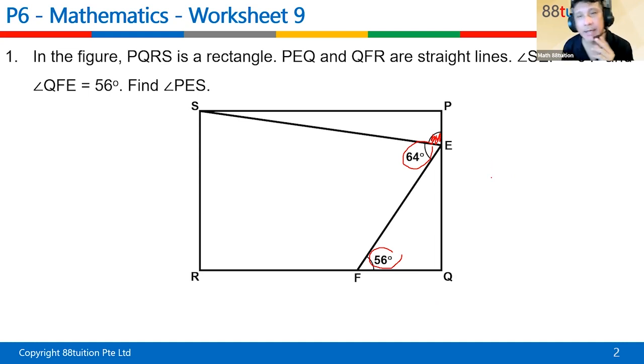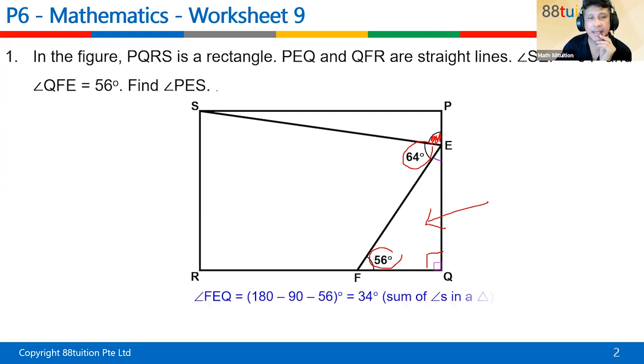To solve this question, firstly we may have to link to our triangle. You notice this shape over here is a triangle. And this corner, which is the corner of the rectangle, is 90 degrees. The sum of the three angles inside a triangle must add to 180 degrees. So if you want to find this angle, we take 180, minus the 90, minus the 56, and we will get 34.